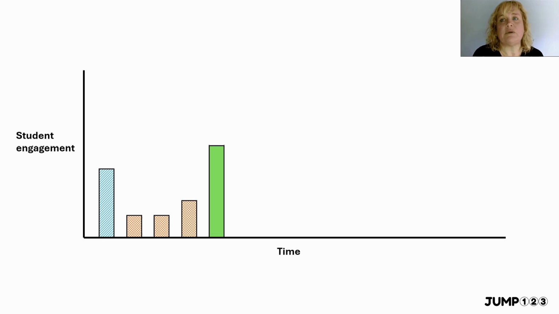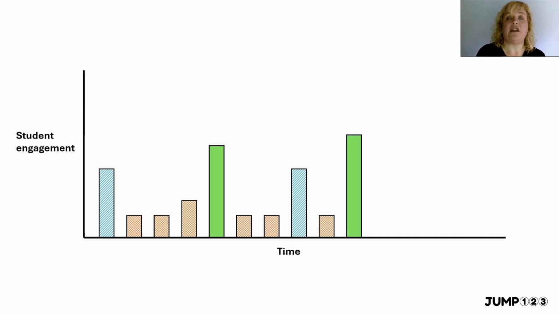And then this might be followed by some more short single answer questions, followed by maybe a paired discussion, another simple question, and then another programming task, maybe slightly more involved than before. So you can see the engagement has gone up slightly.